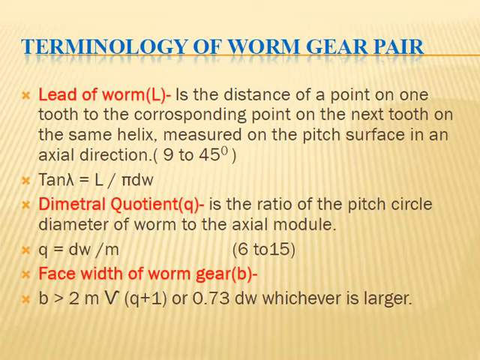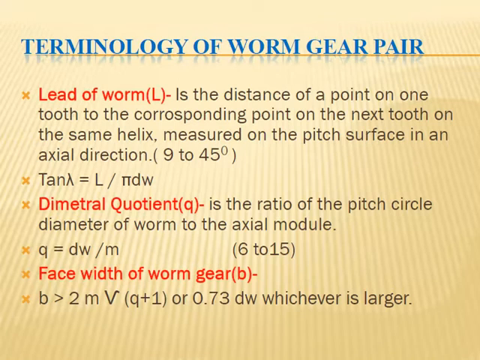The body of the worm, which is subjected to bending moment and torque, acts like a shaft with a diameter equal to the addendum pitch circle diameter of the worm. So the diametral quotient Q determines the moment of resistance of the worm against bending and torsion.